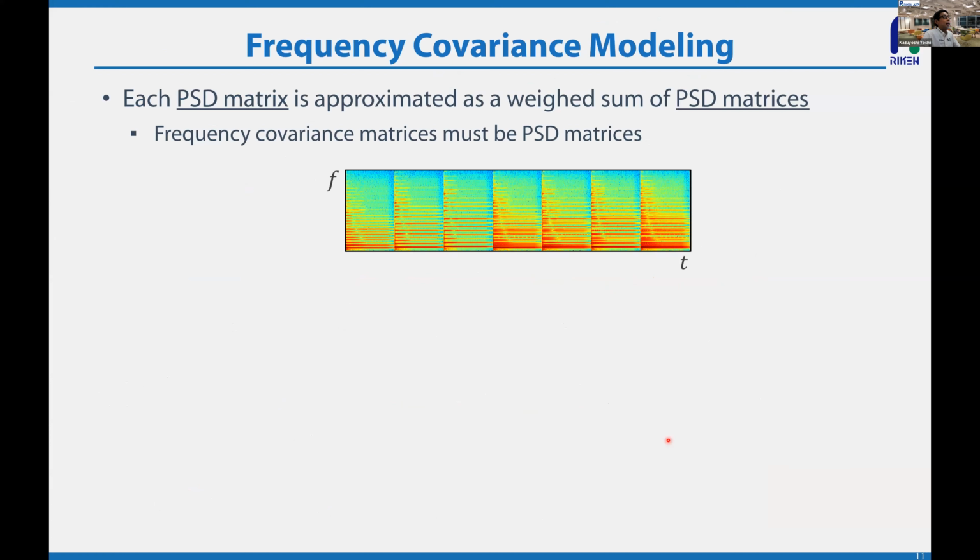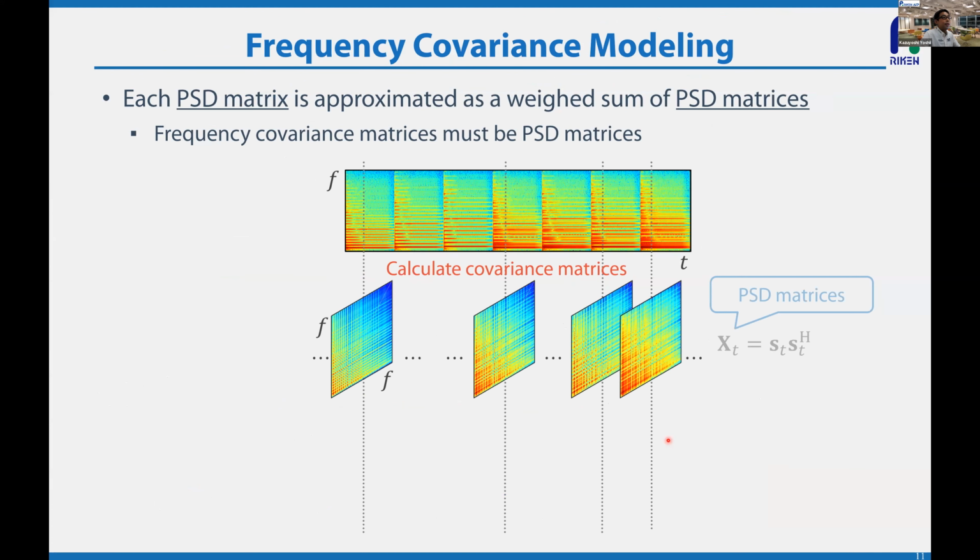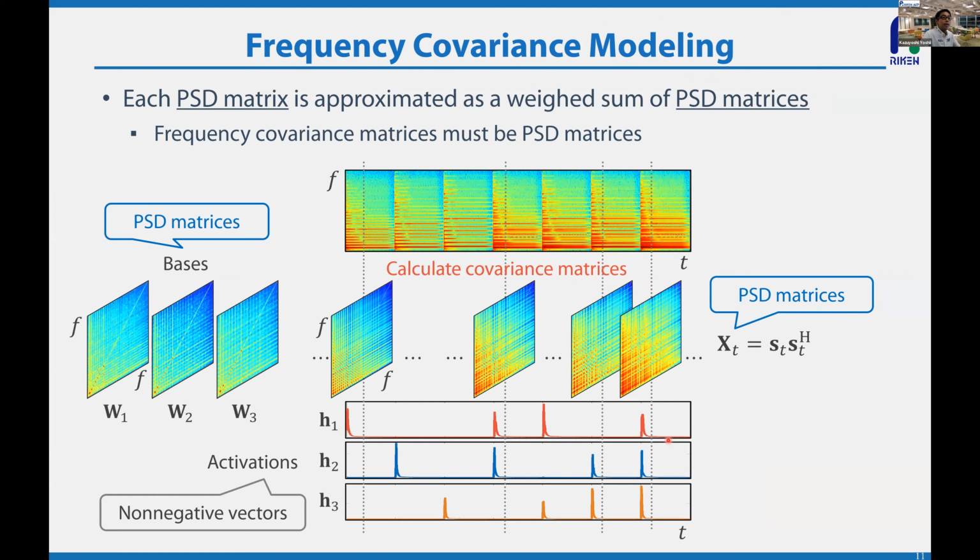However, in this PSDTF model, we can consider only the frequency covariance structure, right? Because each basis matrix represents a covariance structure over the frequency axis.